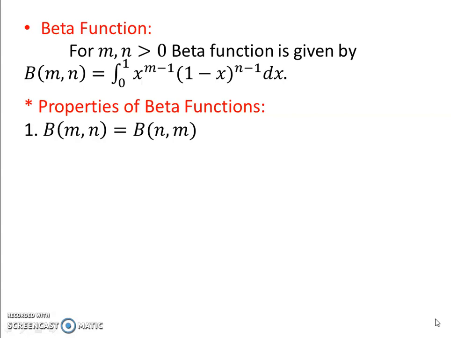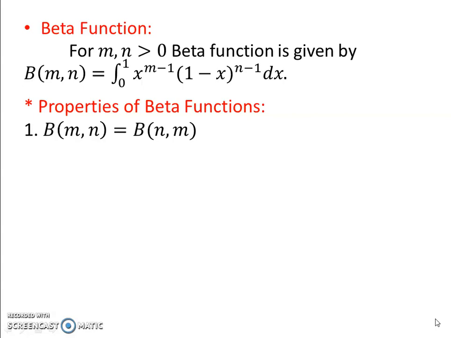Therefore, the limits of t are, if we put x equal to 0, 1 minus 0, that is 1, and if we put x equal to 1, then 1 minus 1, 0. So limits of t are from 1 to 0. So if we replace this value, beta of m, n equal to integration 1 to 0, x is 1 minus t to the power m minus 1 into 1 minus x will be t, so t to the power n minus 1 into minus dt.